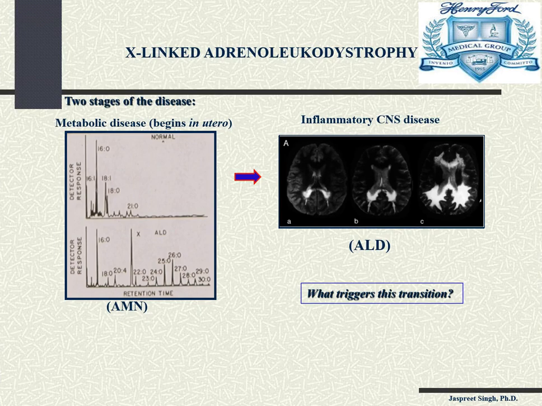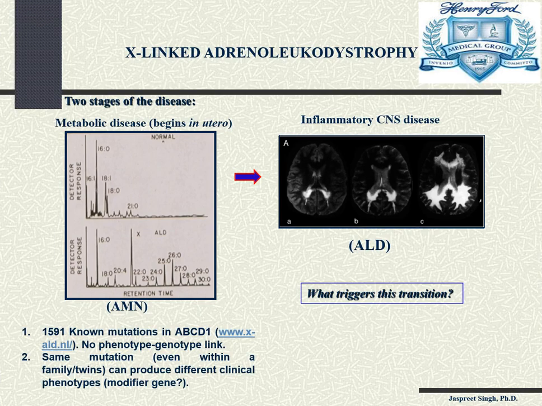However, what causes this transition remains unknown to this day, and it is further complicated by the fact that there are about 1,591 mutations known as of today in the ABCD1 gene, and none of them correlate with any particular phenotype.